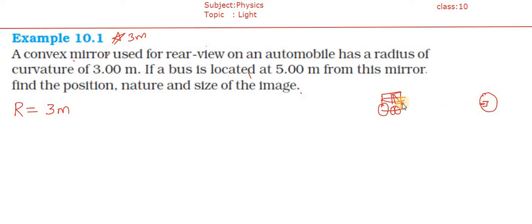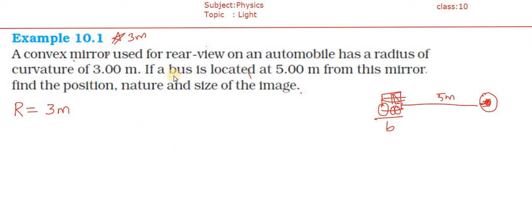The distance between the bus and this mirror is around 5 meter. Here the object is nothing but this bus, and the image of the bus will be formed in this rear view mirror.